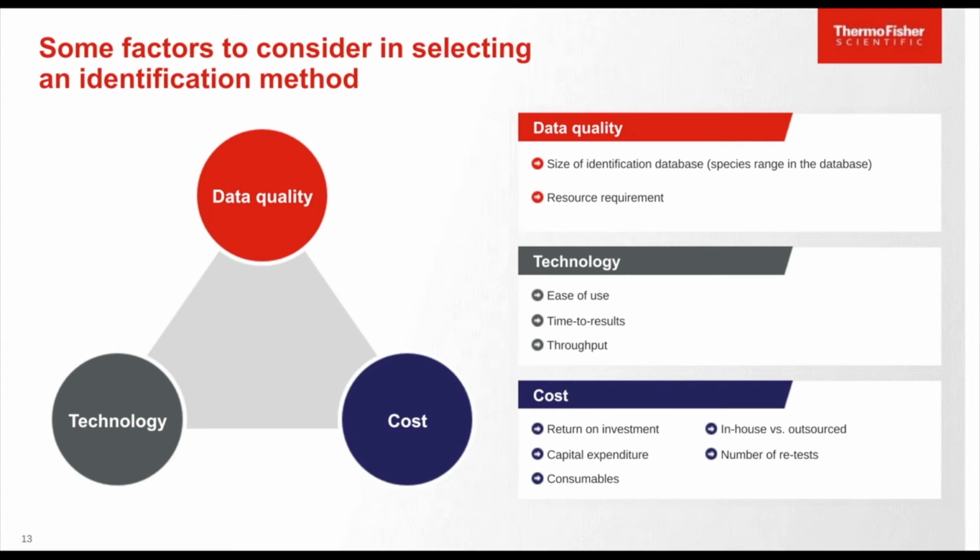There's technology, which is thinking about time to results and thinking about throughput. And I guess like everyone, it's about cost. Basically looking into return on investment. Should you ID in-house or should you outsource? So these are the considerations that one must have.